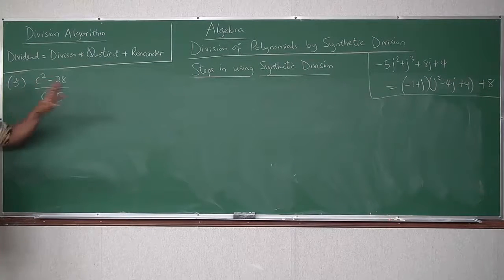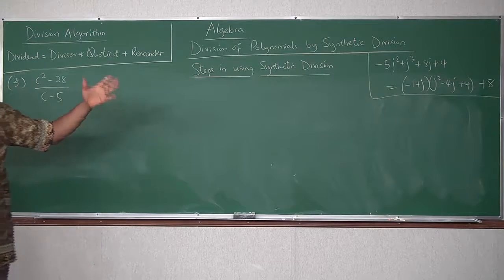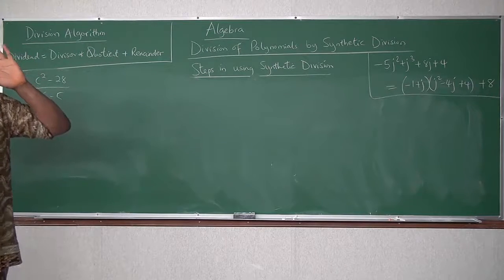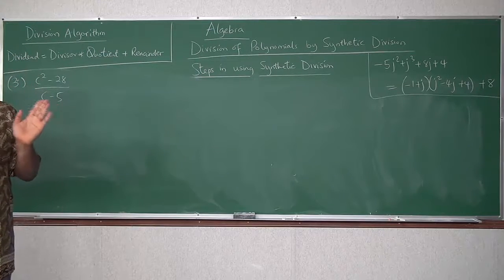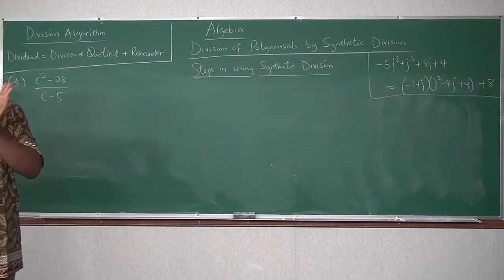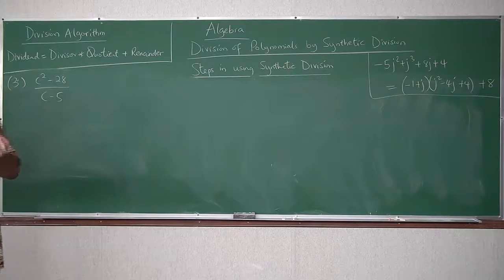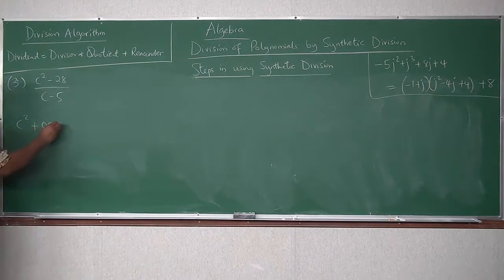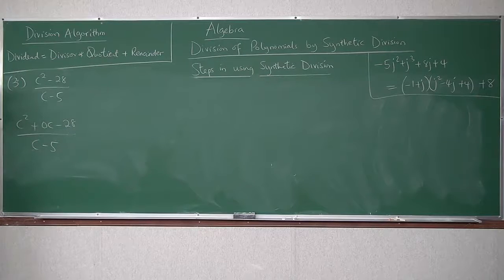So in this case, if it is not complete, complete it by adding zeros to the missing terms. So this is c squared plus 0c minus 28 over c minus 5. I just added 0 to the c, because this is c to the power 1, and this is c to the power 0.